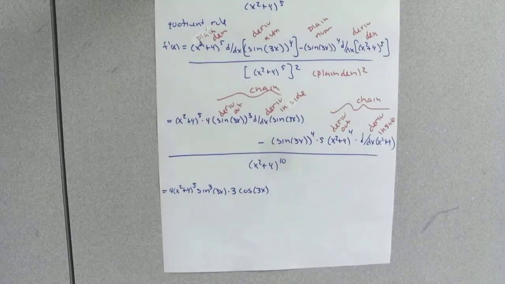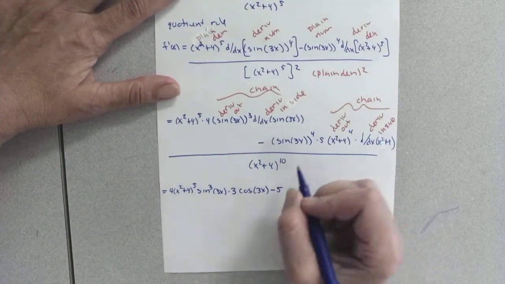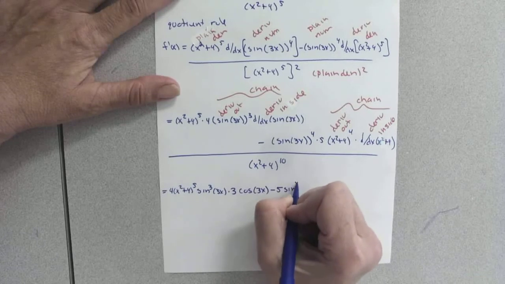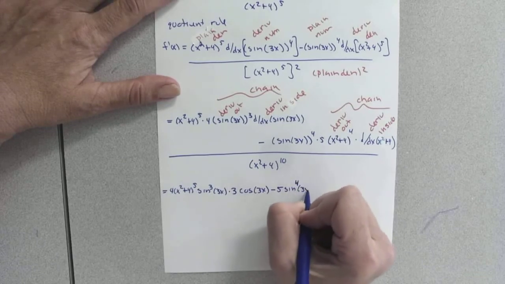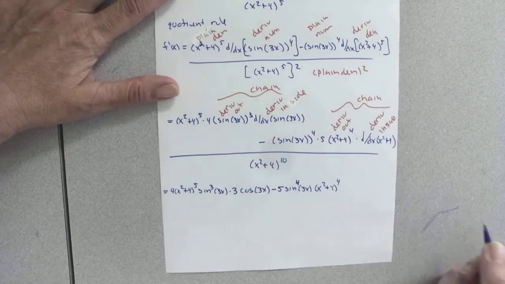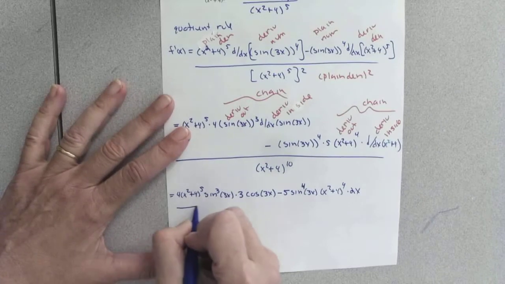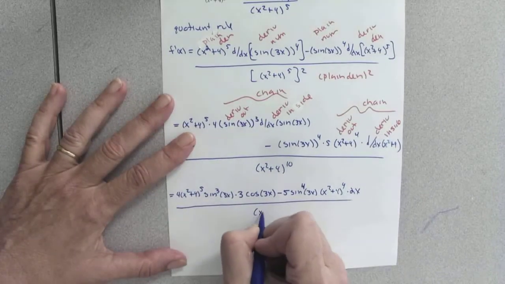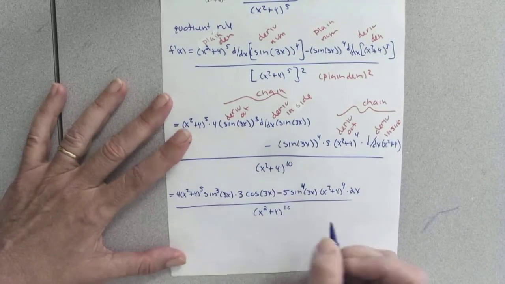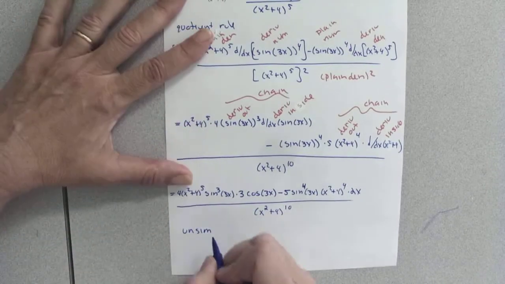The angle stays the same. Up to the minus sign, it's going to move that 5 up to the front. So then I have sine to the fourth, 3x, then x squared plus 4 to the fourth, and then finally that derivative on the end, 2x, all over x squared plus 4 to the 10th, and there's my unsimplified derivative.